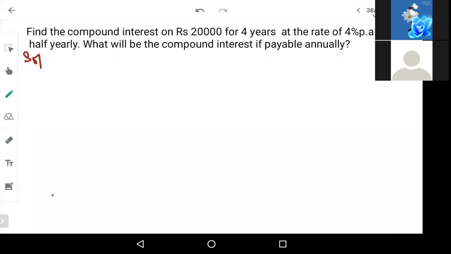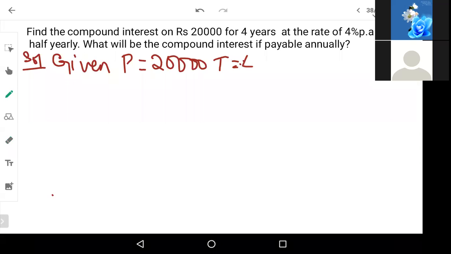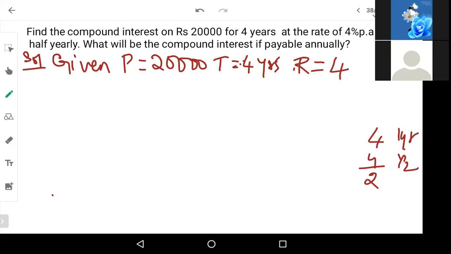So solution. What is given to us? Principal is 20,000. Time is 4 years. Now when it comes to rate of interest, it will be 4%. But since 4% is for 1 year, for half a year I should divide 4 by 2. 4% is for 1 whole year, so for 6 months I am paying half of 4%.